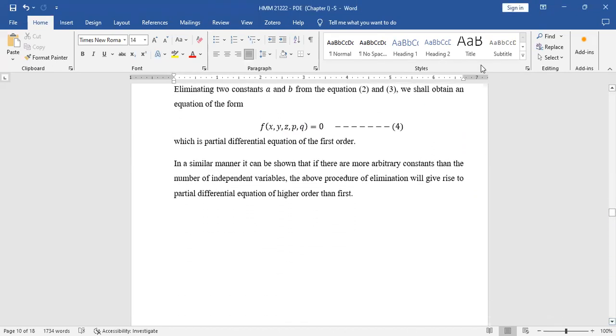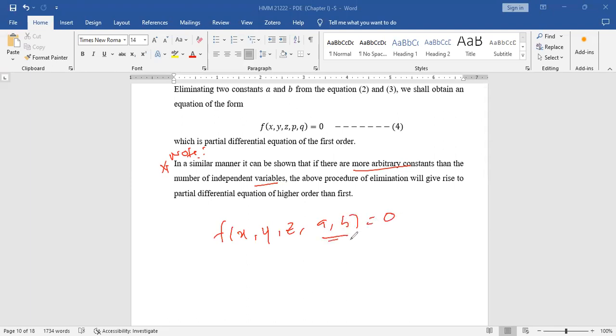Okay, there's a note here, an extra note. What it says is, you can take it as a note: in a similar manner, it can be shown that if there are more arbitrary constants than the number of independent variables, the above elimination procedure will give rise to a partial differential equation of higher order. For example, in this question, f(x, y, z, a, b) is equal to 0.